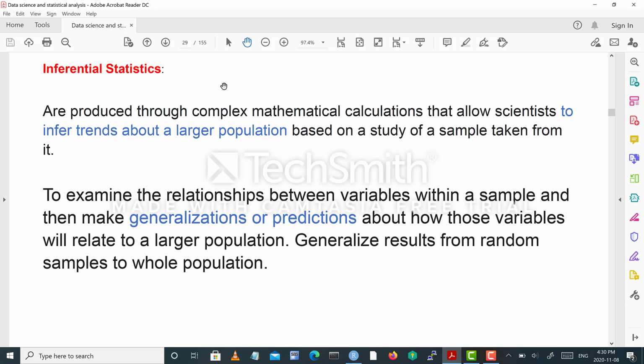Inferential statistics are produced through complex mathematical calculations that allow scientists to infer trends about a larger population based on a study of a sample taken from it, to examine the relationship between variables within a sample and then make generalizations or predictions about how those variables will relate to a larger population. Generalize results from random samples to whole populations.